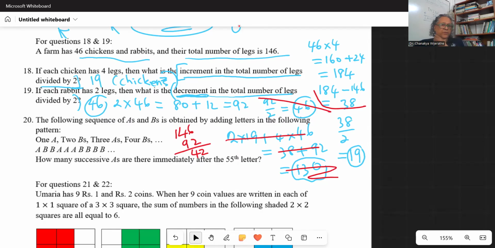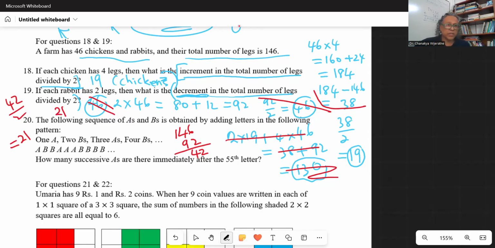The decrement is 42, and that divided by 2 is 21. And the answer is actually not 46, it's 21. Good thing that I checked.